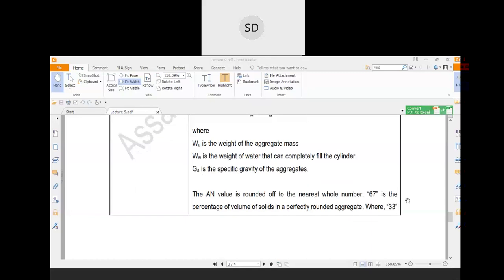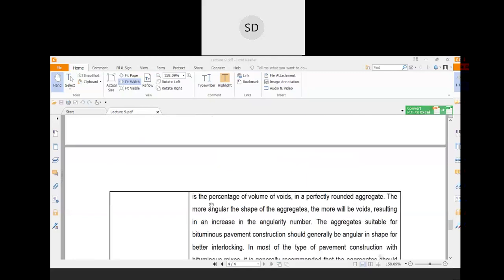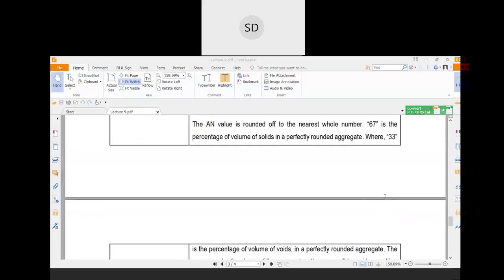Now 67 is the percentage of volume of solids in a perfectly rounded aggregate, what I have discussed, whereas 33 is the percentage of volume of voids in a perfectly rounded aggregate. So you have to find out the angularity with respect to the fully rounded aggregate.